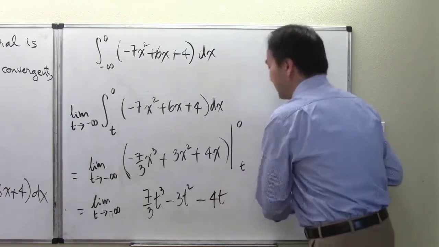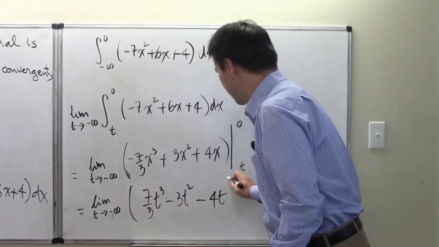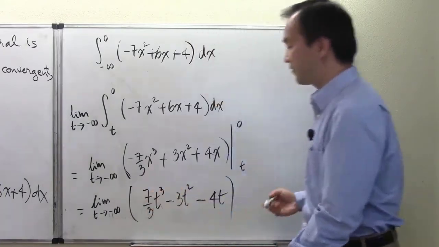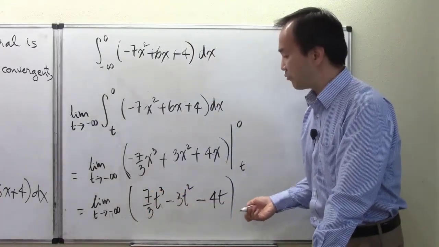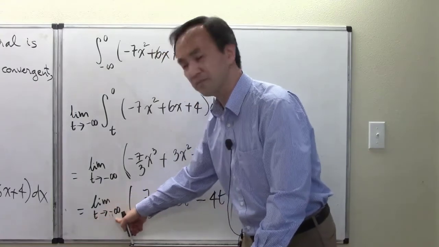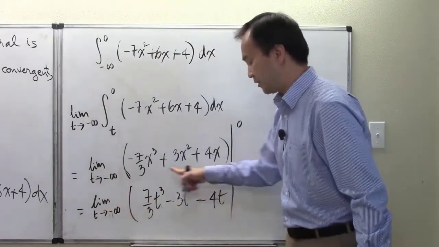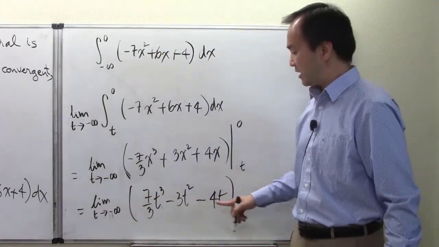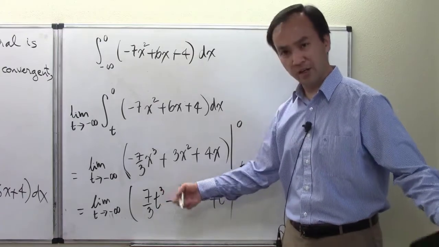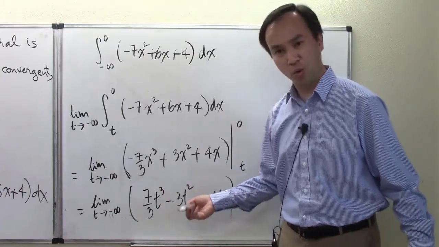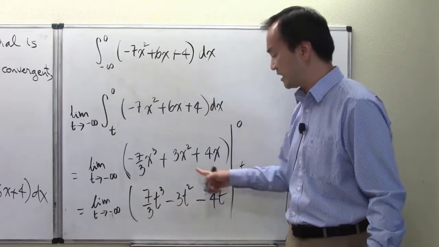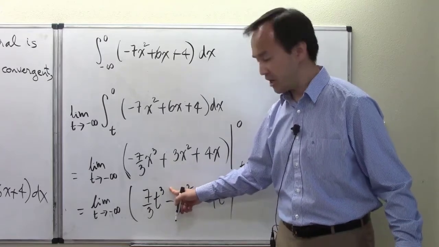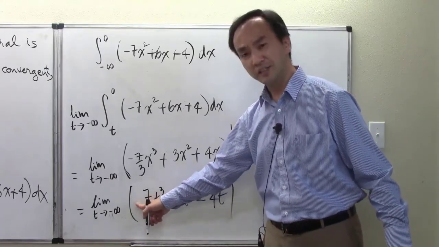All right. And so now we have brought ourselves down to a very simple problem where we're approaching t to negative infinity on a polynomial like this. Just a quick reminder of calculus 1 material, this function here is a polynomial of degree 3, and it has a positive leading coefficient.